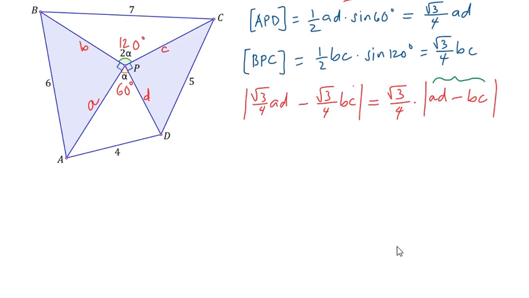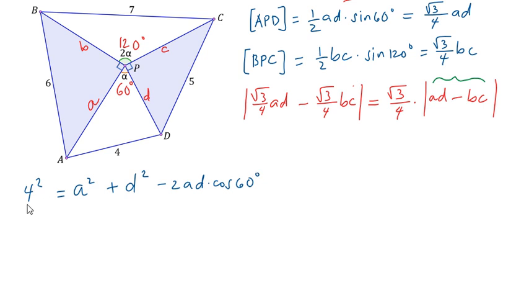But we will use the same triangles BPC and APD. Let's start with triangle APD. By the law of cosines, we have 4 squared equals a squared plus d squared minus 2ad times the cosine of 60 degrees.